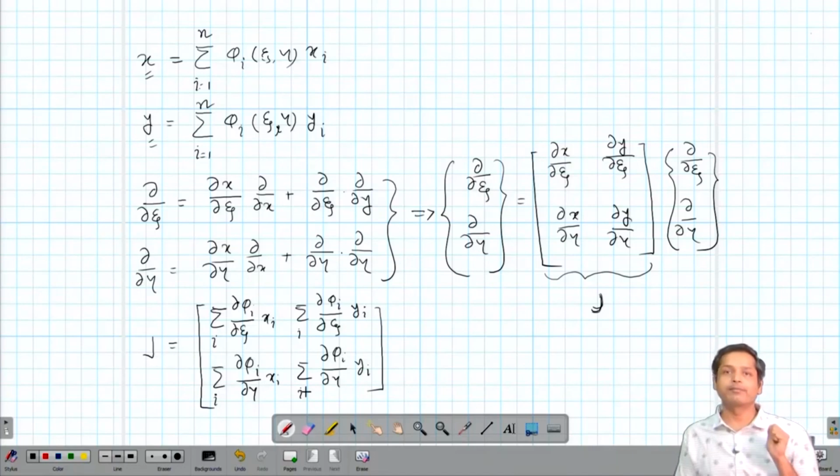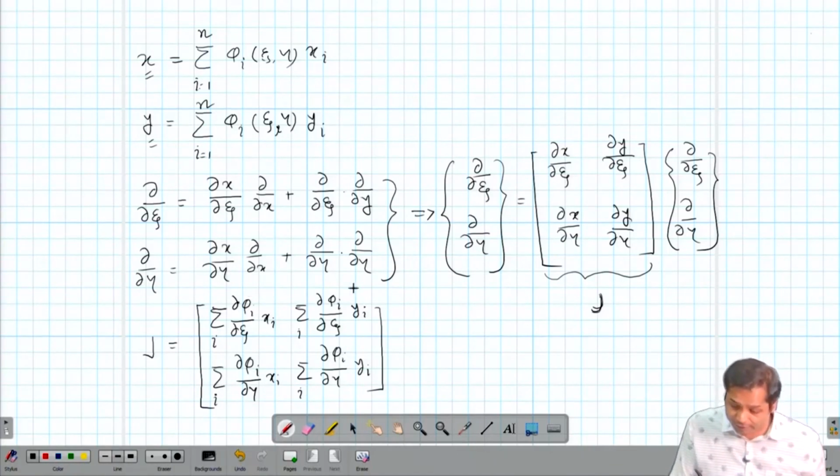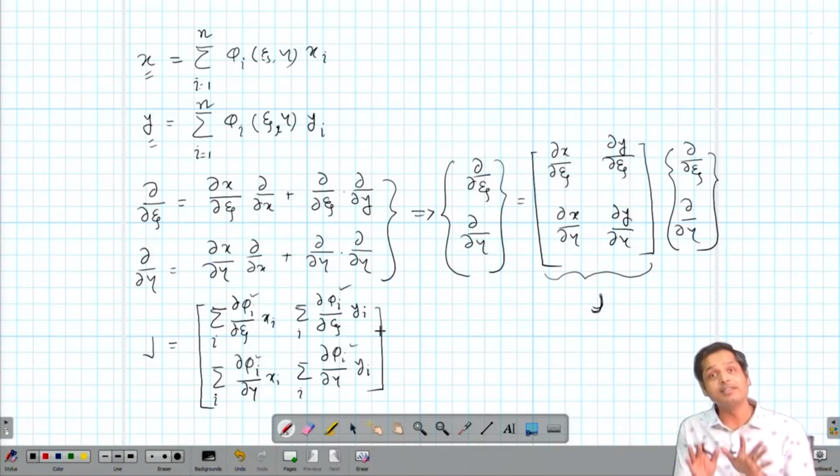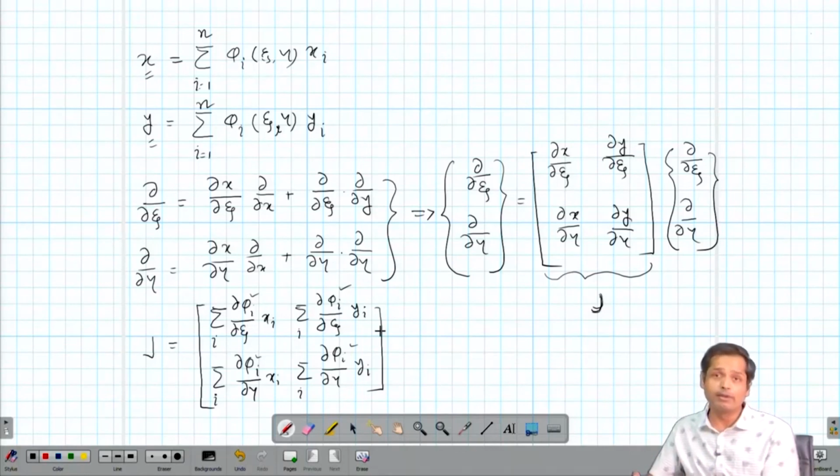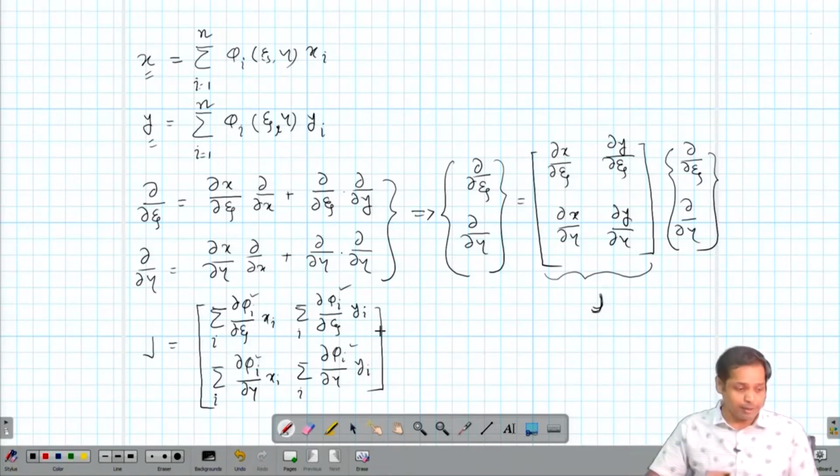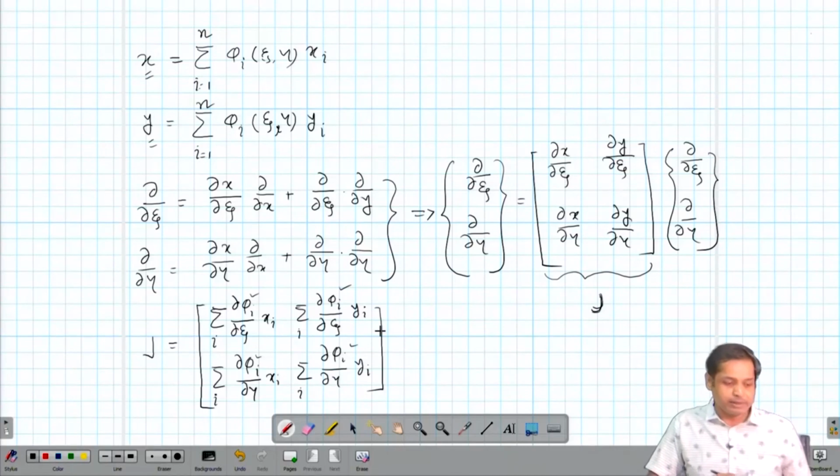This is our Jacobian. We have seen this Jacobian before, where this phi I is expressed in terms of xi and eta. It means this phi I is constructed over the parametric element. Okay, so now we know this Jacobian.